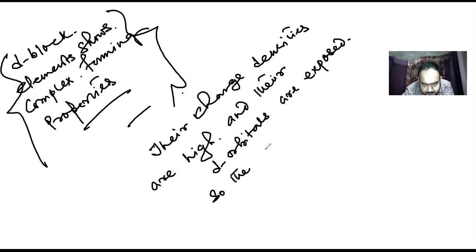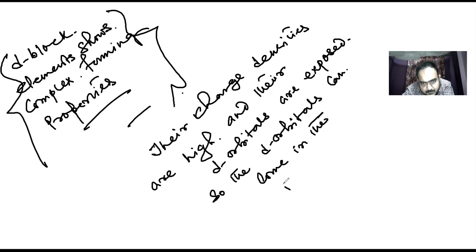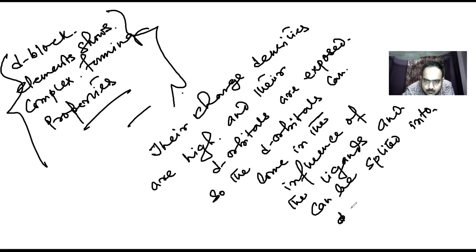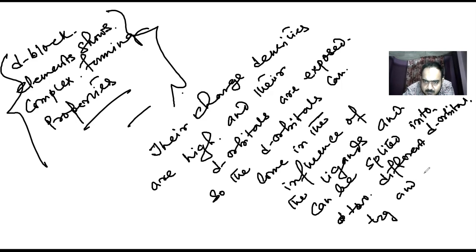So the d orbitals can come under the influence of the ligands and can be split into two different sets of d orbitals, as we have seen in our complexes, t2g and eg.